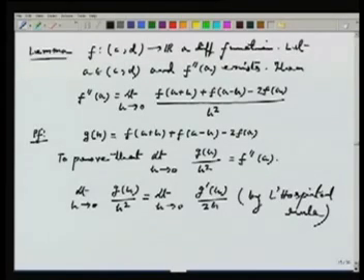Now let's calculate g'(h). How to do that? Well, we will just use the chain rule here, that g'(h) is first f'(a+h) and then the derivative of a+h as a function of h, which is 1.